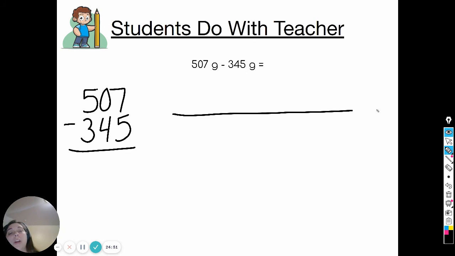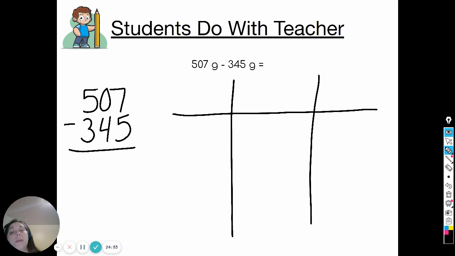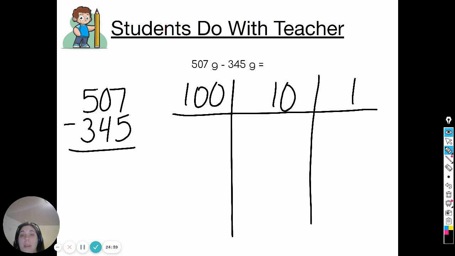Draw your hundreds chart. Hundreds place, tens place, ones place. Make sure your board matches mine so you're ready to move on with me.